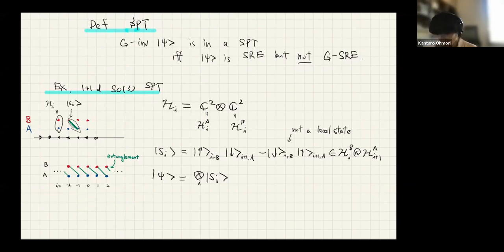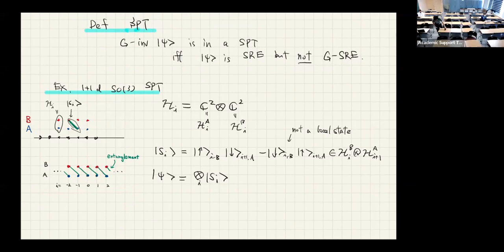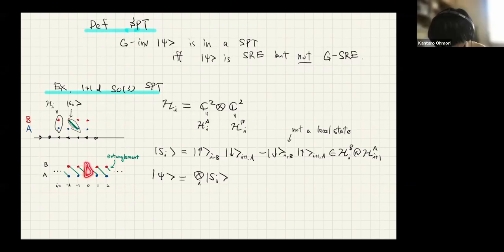Okay. So the point is that there's entanglement here and there. So site I is entangled with site I plus 1 because of this effect. Okay. But it's short range because the entanglement is just cut off here. So it's only entangled with the next one and not far away.